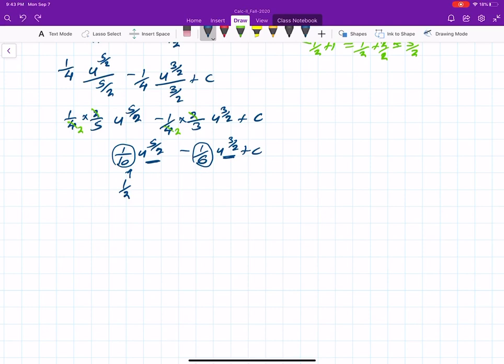Half is a common factor. And here what will remain is 1 over 5. And from u to the power 5 over 2 and u to the power 3 over 2, what is common is u to the power 3 over 2. You have learned these kinds of factorizations in Calc 1. If you can't remember, please refer to the notes.